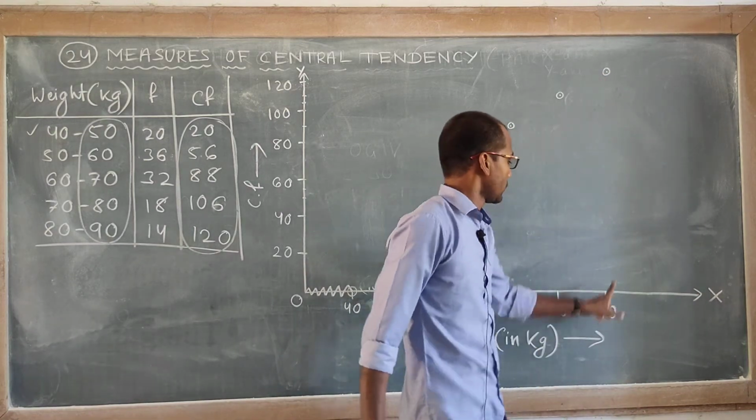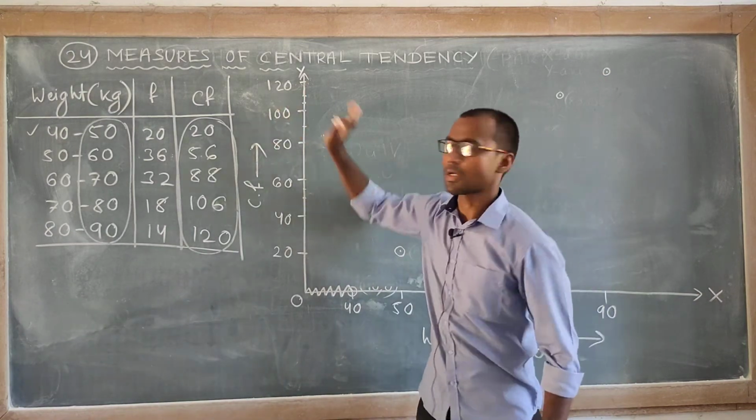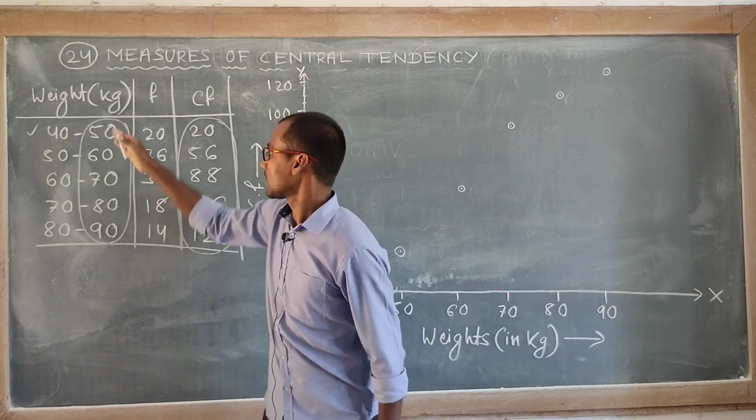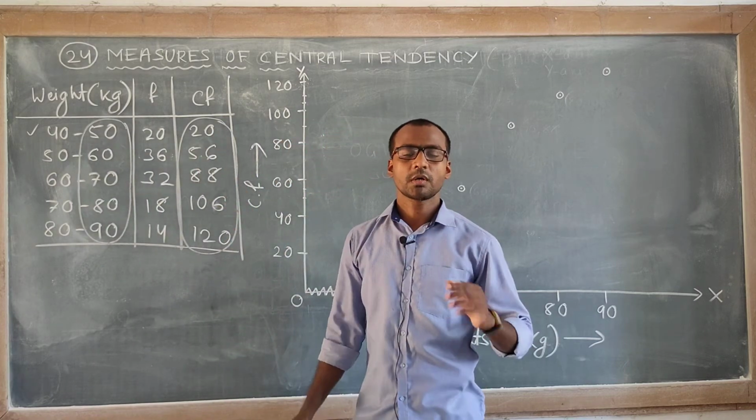Suppose this point is 90, 120. Okay. So first is 40, 0, lower limit and 0, then upper limit and corresponding cumulative frequencies.